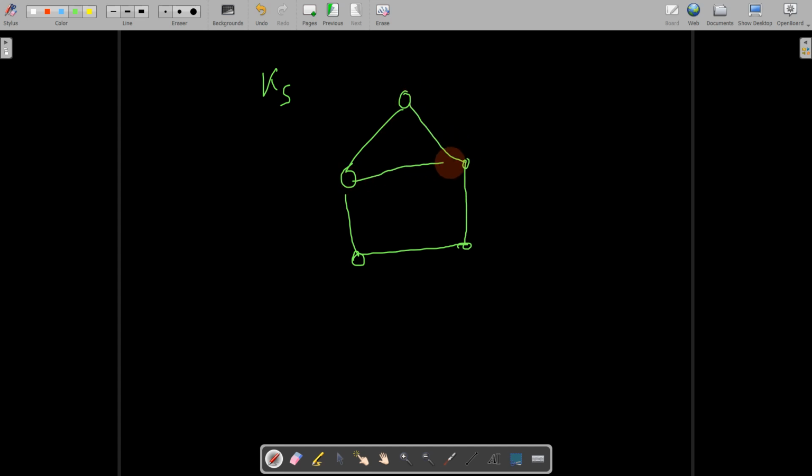So it will look like this. And here you see how many minimum colors are required to color this complete graph on 5 vertices.